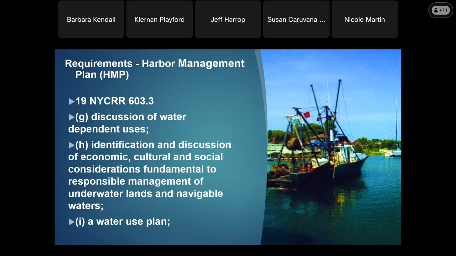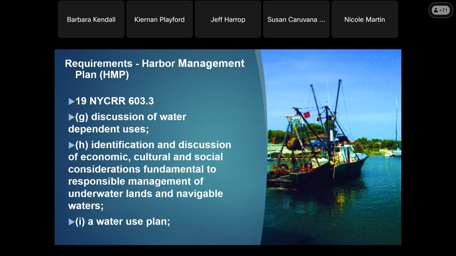The thing to think about, though, is that our waterfronts are also attractive for water enhanced uses. And so what are those? That would be a restaurant or even a waterfront park. You don't have to have a park on the waterfront, but it's really nice to have a park on the waterfront. So you need basic choice, and there might be conflicts between the water dependent use and water enhanced uses.